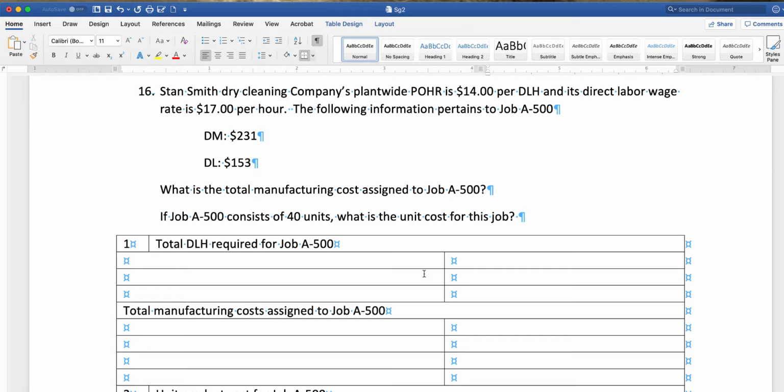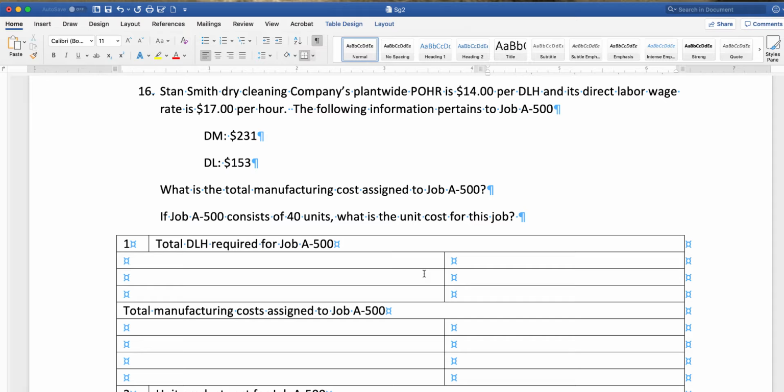He's hysterical. Okay, so Stan Smith Dry Cleaning. They have a predetermined overhead rate of $14 per direct labor hour. Its direct labor wage rate is $17 per hour. Total information that they give us pertains to job A500.